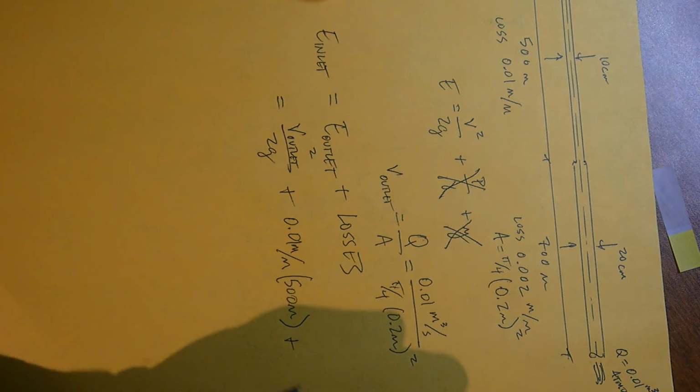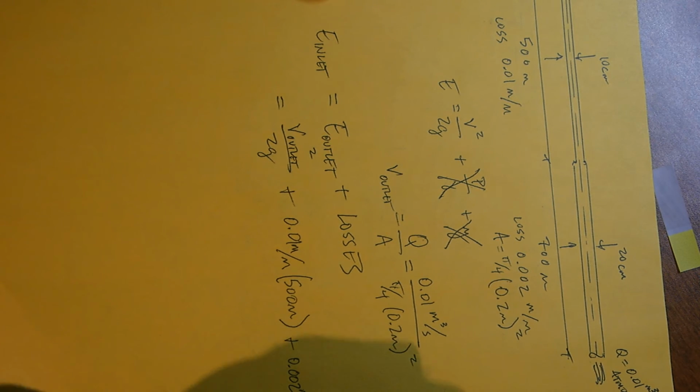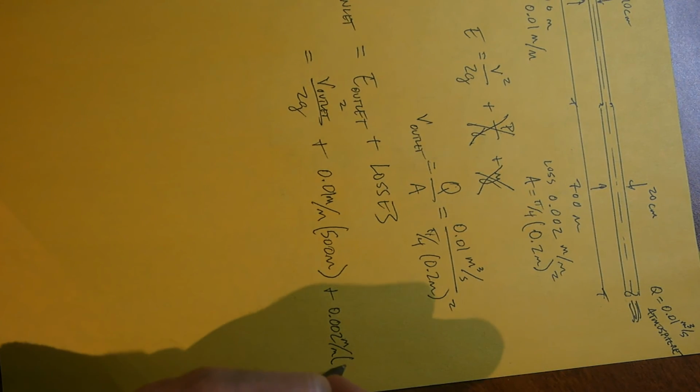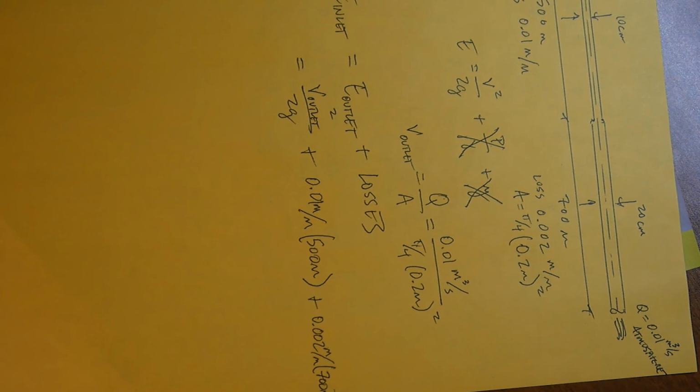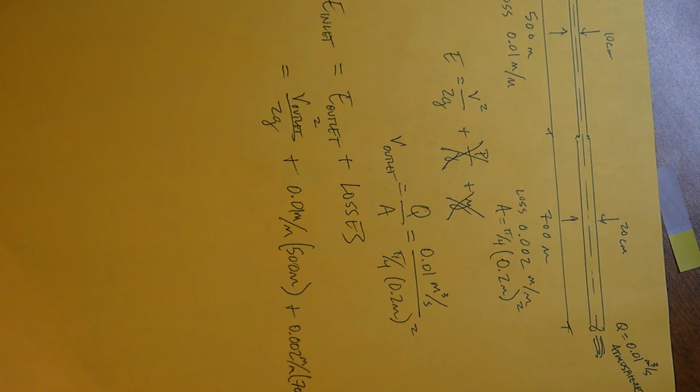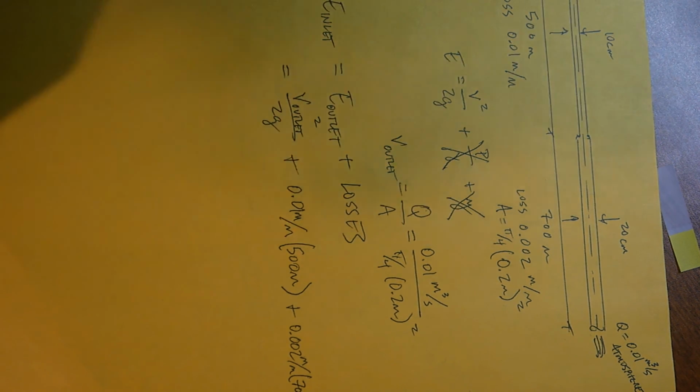Then section 2 is 0.002 meters per meter times 700 meters. So that doesn't leave you much to do there, but that shows you how it's done. Make sure you put that in engineering submittal format, and you are welcome.